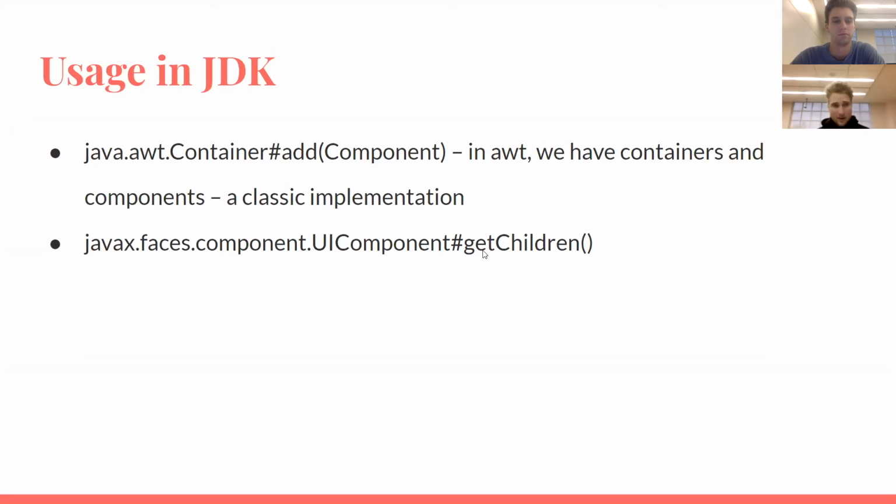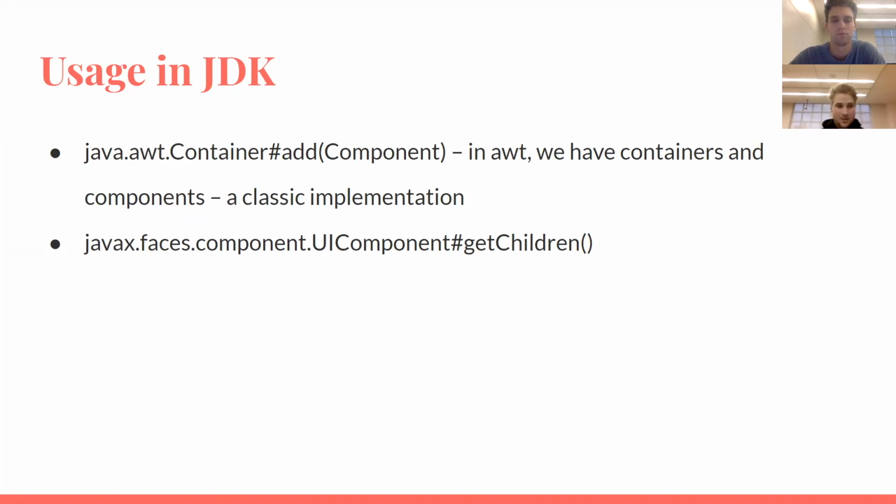Okay, so for the usage in the JDK for the composite design pattern, this is the only thing I could find online, and there wasn't much of an explanation for it, and it was very difficult to find this at all. But as you can see in Java AWT, there are containers and they add components, and this is a classic implementation of the composite structure.